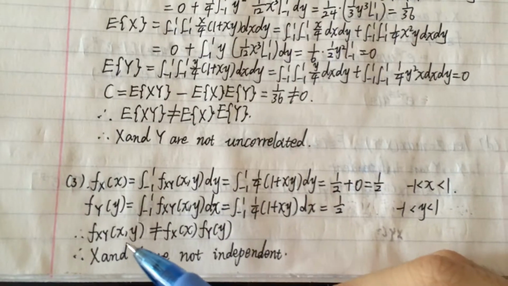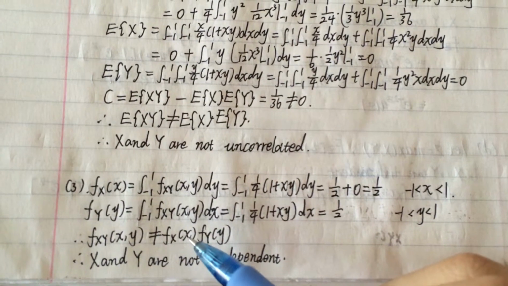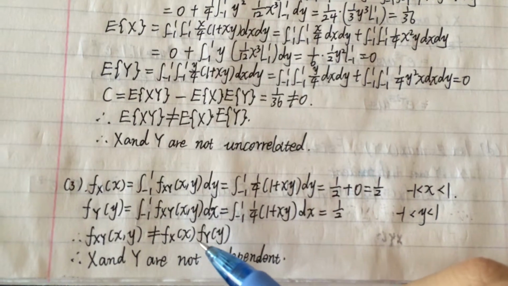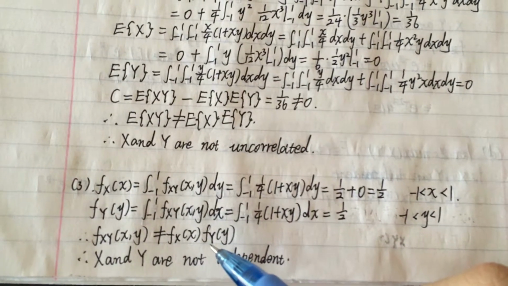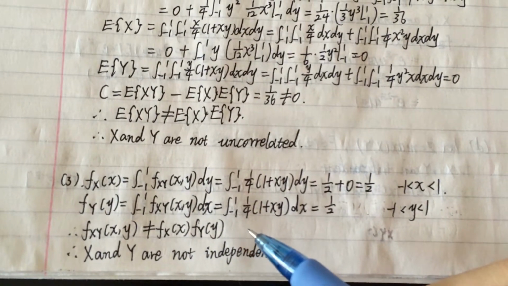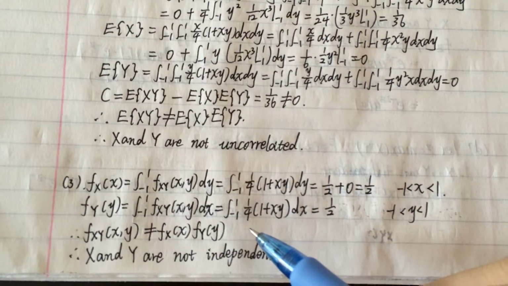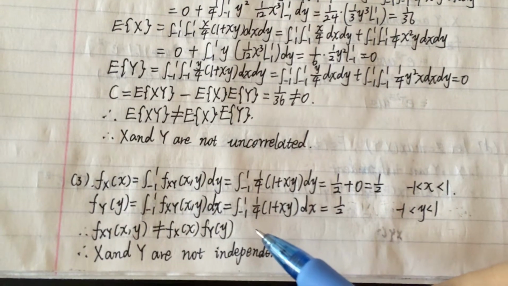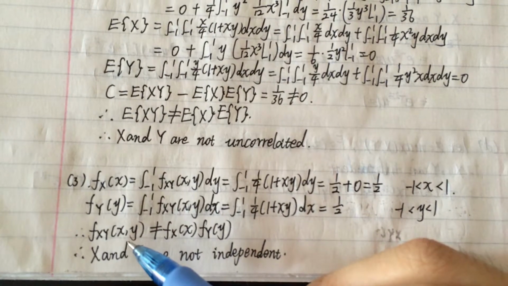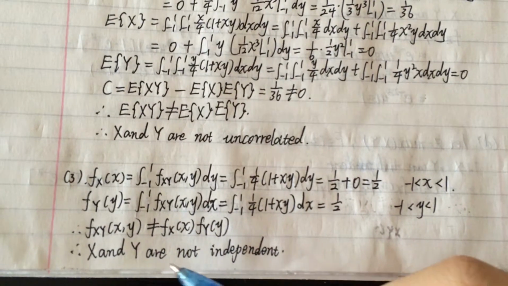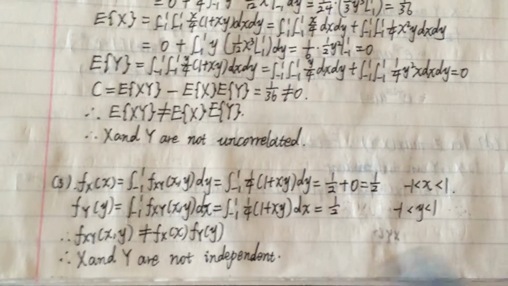So the density function of x times the density function of y equals 1 over 4, which doesn't equal the joint density function. So x and y are not independent.